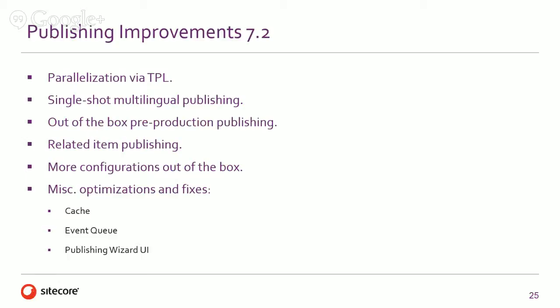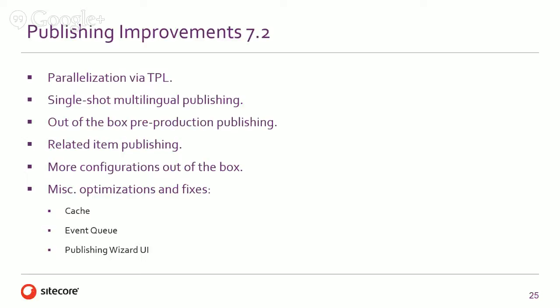Before 7.2, for every language selected, a new publishing job was created, and it was pretty much re-crawling the whole tree. If you had a really deep tree with a lot of items, it caused multiple loops to go through every item in that tree multiple times, republishing that item in a particular selected language.